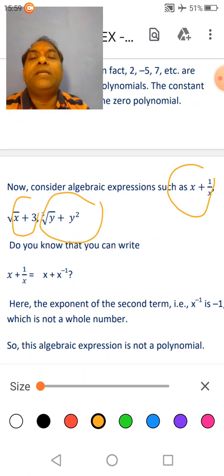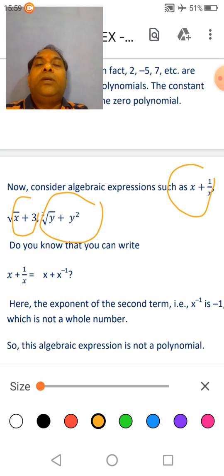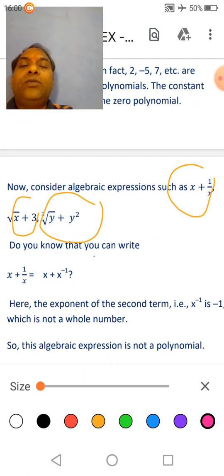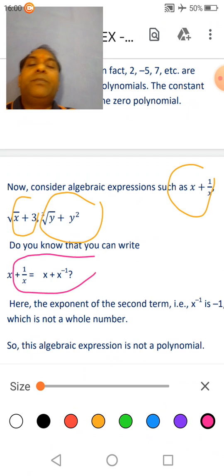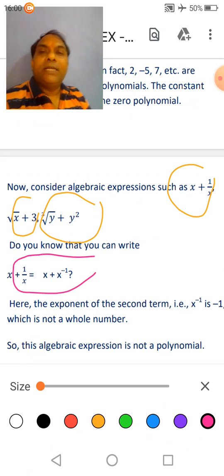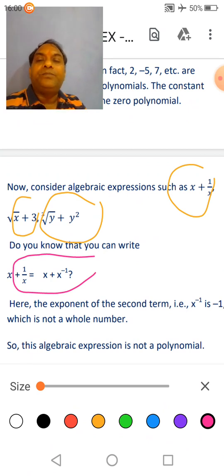Now, consider the algebraic expressions such as x plus 1 by x, root x plus 3, cube root of y plus y square. Do you know that you can write x plus 1 by x as x plus x to the power minus 1.